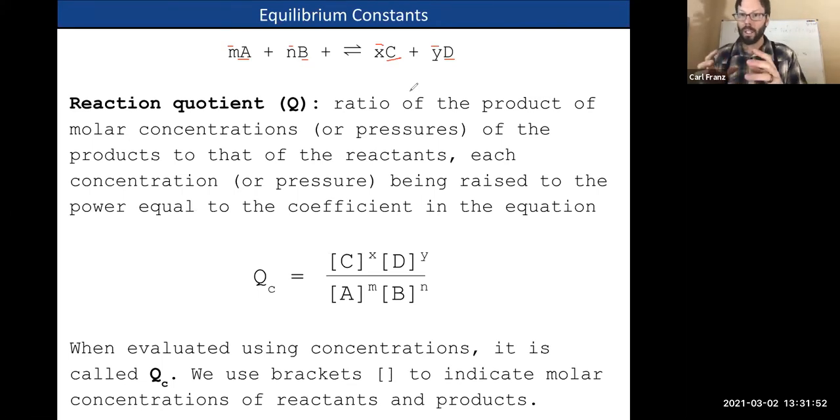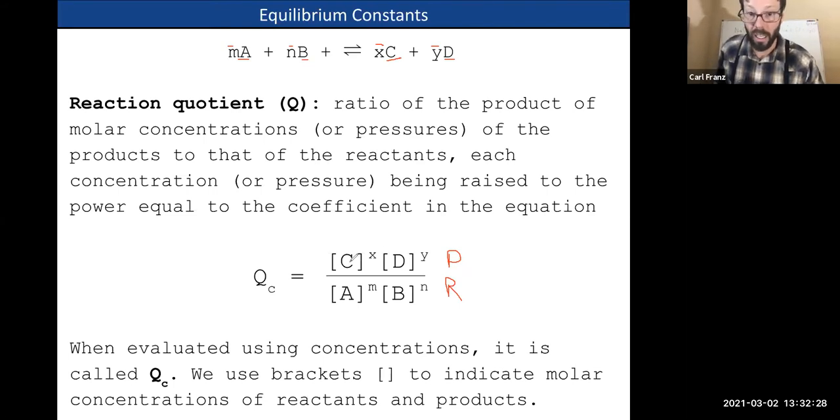If we wanted to write that out in an expression, an equilibrium expression that reflects the ratio of those things to each other, then that's how we get what's called the reaction quotient. So we're going to say Q, in this case QC, meaning it's concentration that we're taking into account. If it was P, then it would be pressure. QC is equal to, again, remember, like usual, products over reactants.